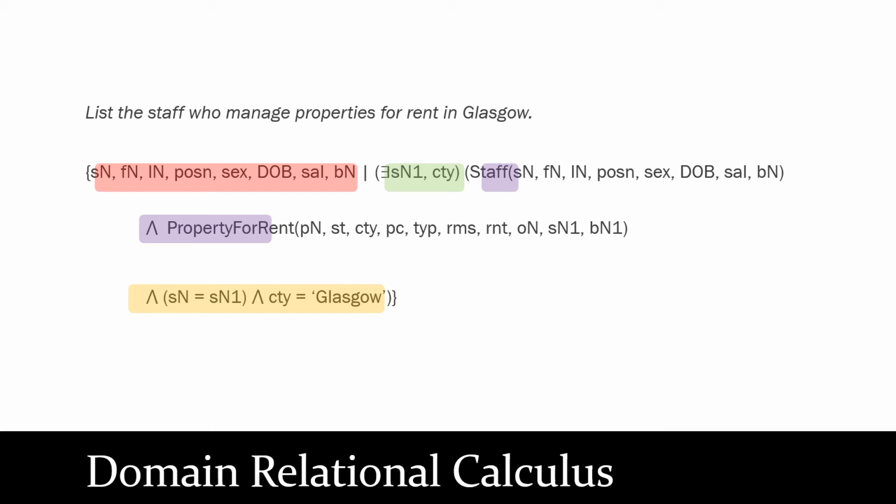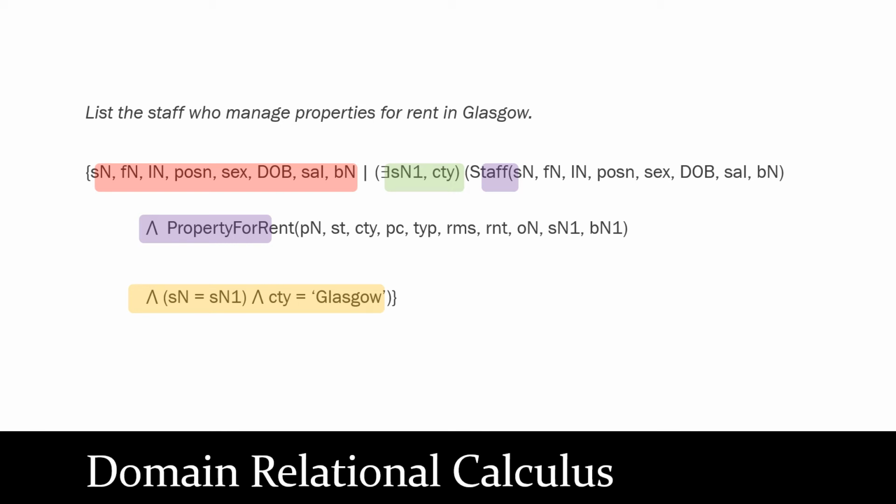Okay, for domain relational calculus, for example, we want to list the staff who manage properties for rent in Glasgow. So we write the DRC like this. Inside the bracket, we want to specify which attributes, which fields, we want to show. For example, we want to show the staff number, first name, last name, position, sex, date of birth, salary, and branch number.